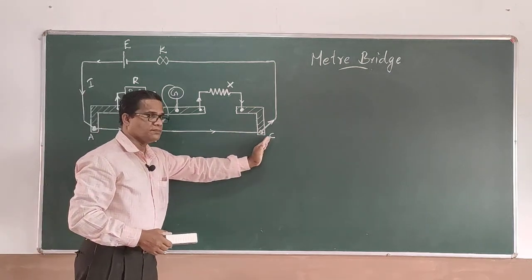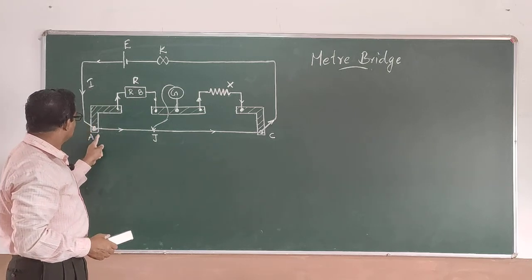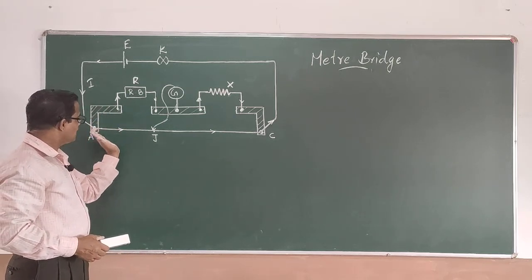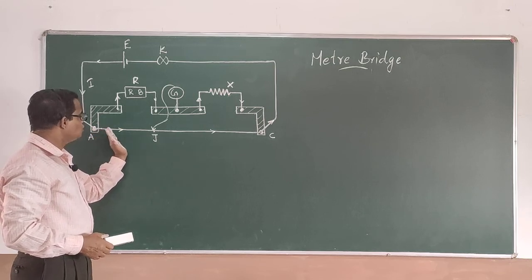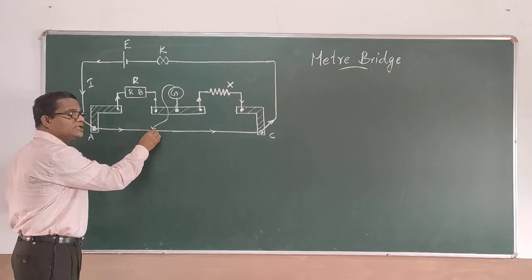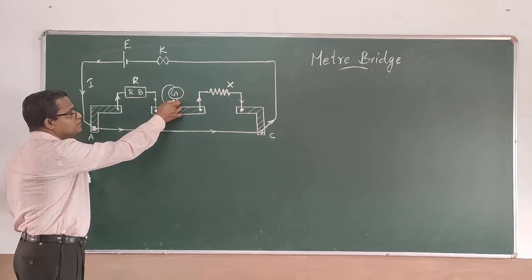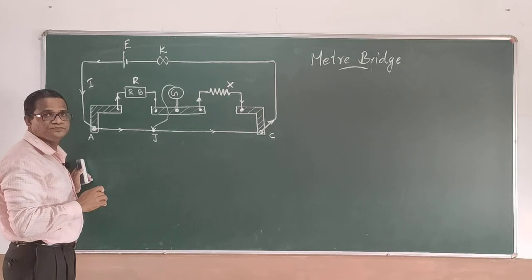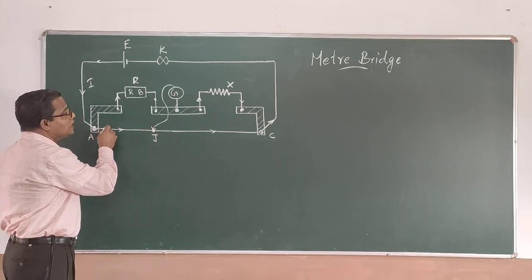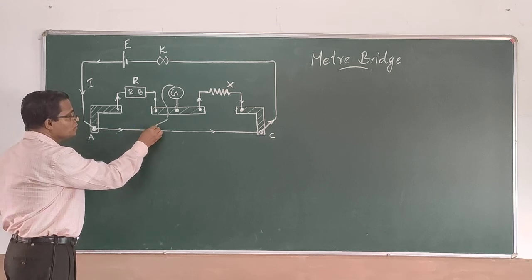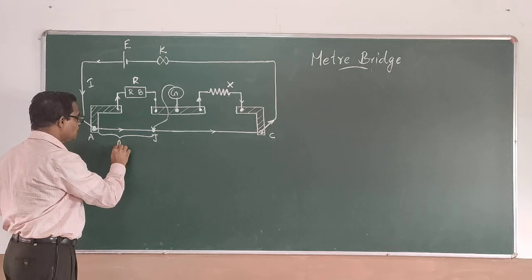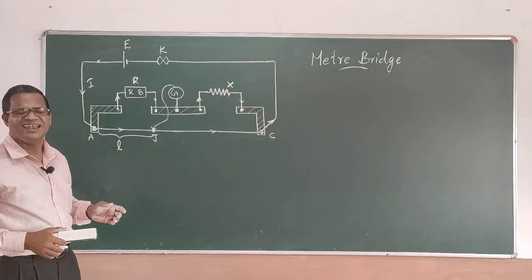As I move from A to C, the deflection in the galvanometer starts moving from left to right, and as the jockey reaches this particular point, the galvanometer is found to read 0. That means there is a length of the wire coming. That length of the wire is called balancing length.